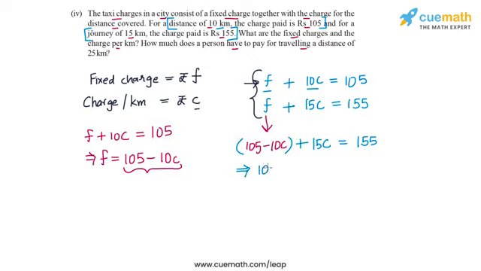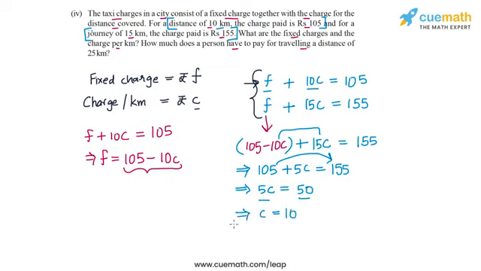So we have 105 minus 10c plus 15c, so this is equal to plus 5c, and this is equal to 155. So now I can isolate 5c on the left side, take this 105 to the right side, subtract it from 155 to get 50 on the RHS. So 5c is equal to 50, which means that c is equal to 10.